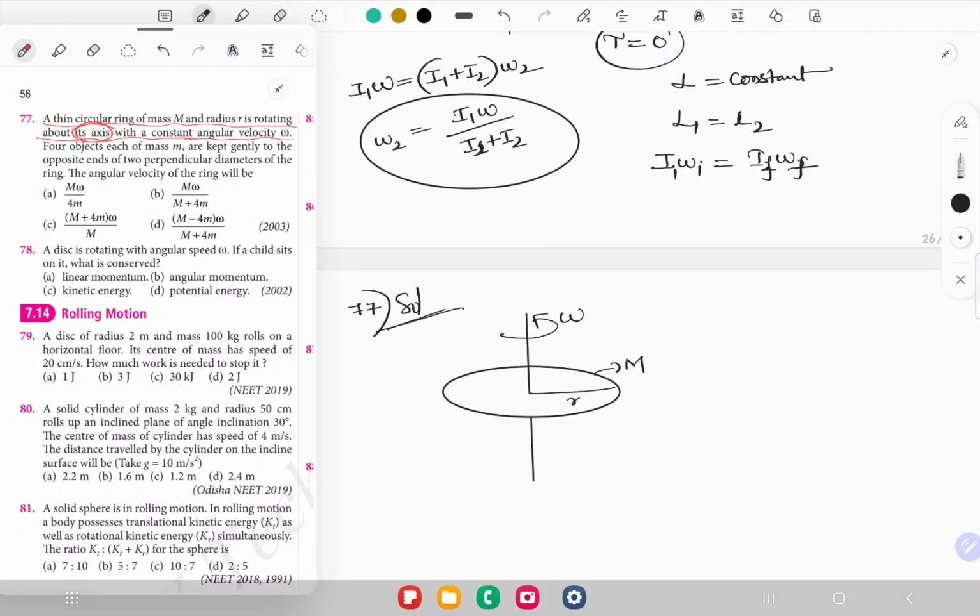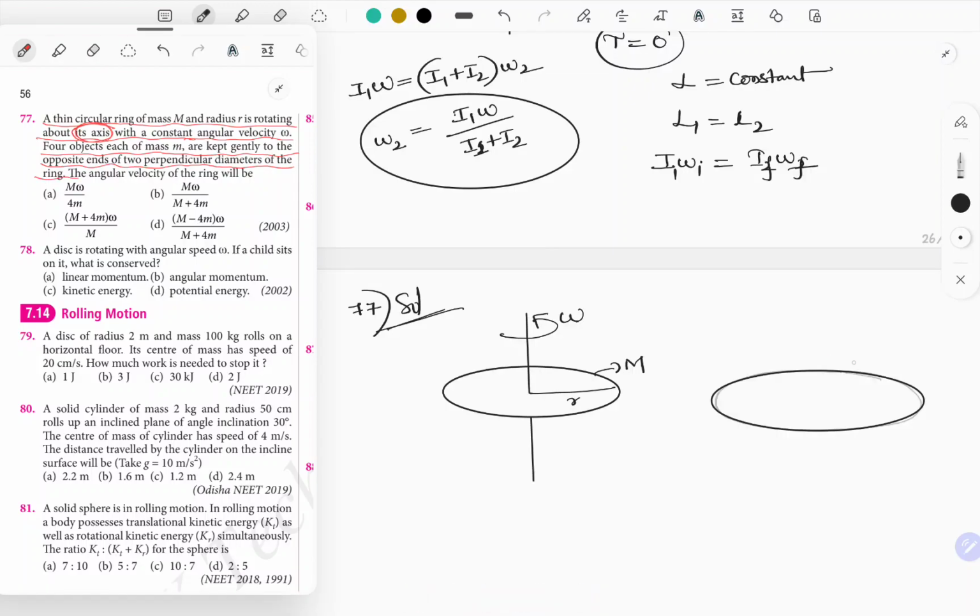Next, four objects each of mass small m are kept gently onto the opposite ends of two perpendicular diameters of the ring. Super. Four objects of equal masses are placed on the opposite ends of the diameters.